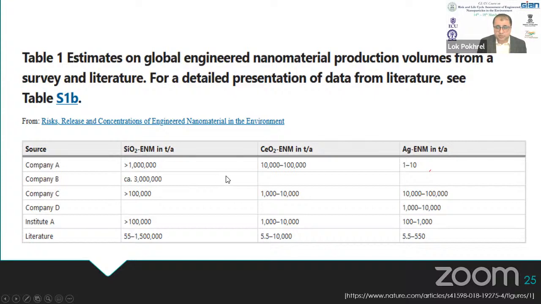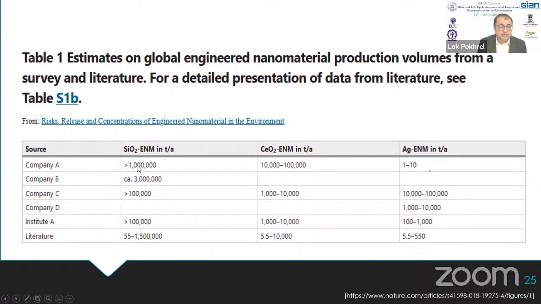I think the paper is written by some European scientists. In the paper, they list a few companies. They did not provide the specific names of the companies, but just used codes: company A, B, C, D, Institute A, and then they also compiled some data from the literature. As you can see here, not too much nanomaterial is being created.